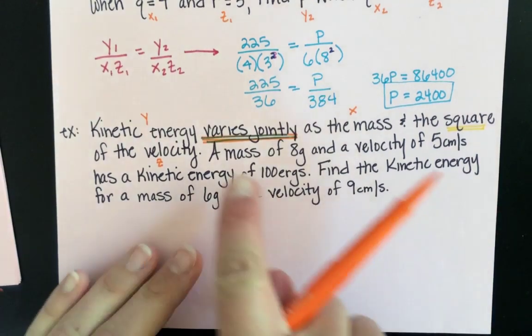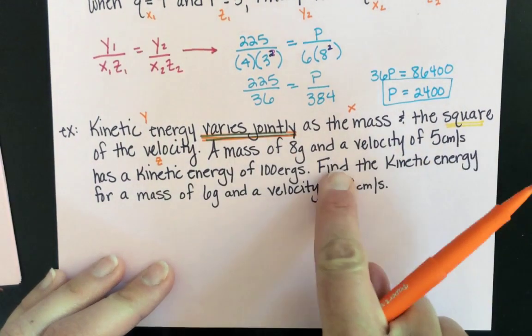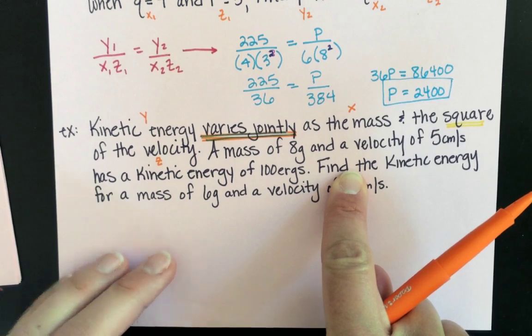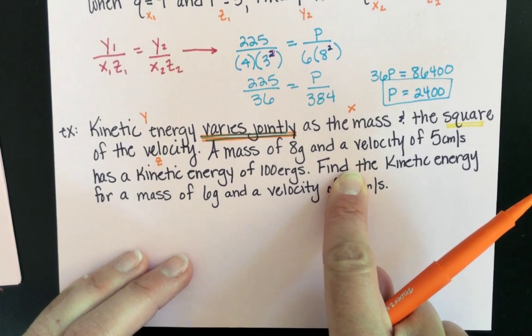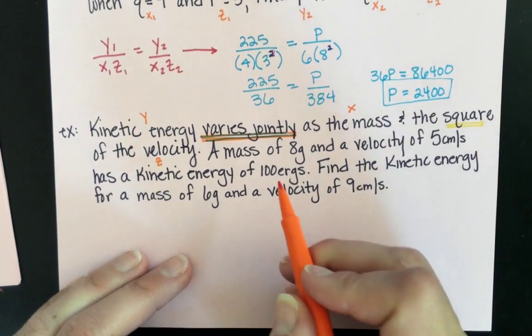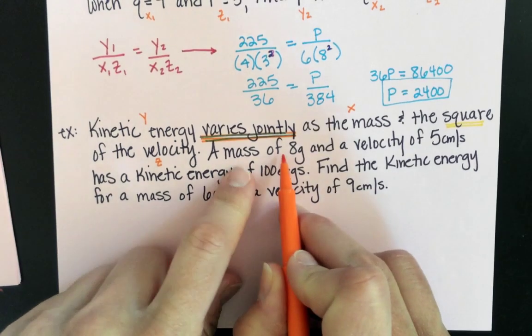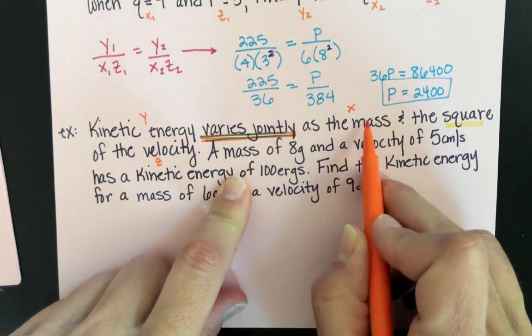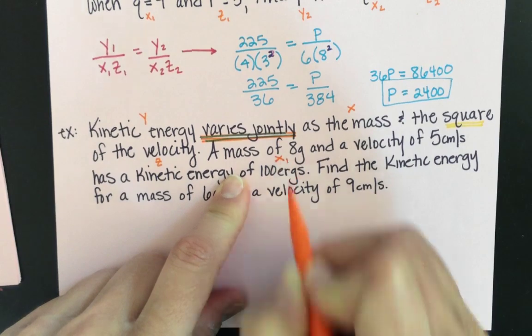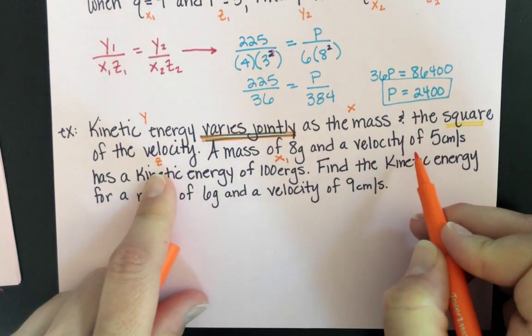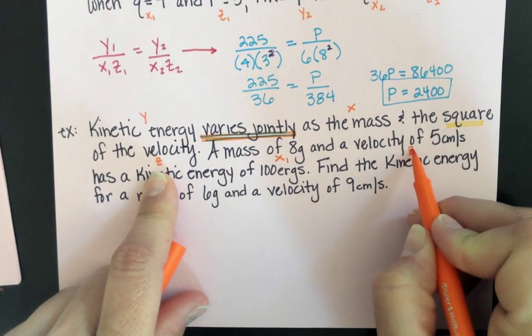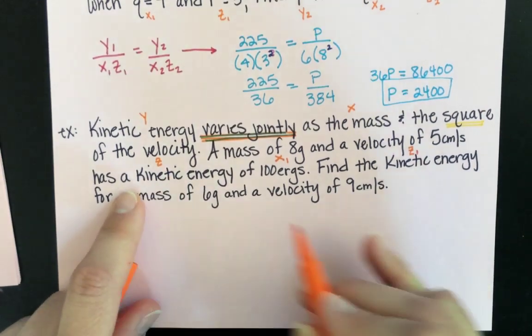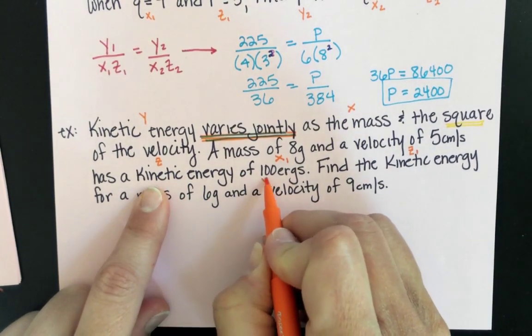So we still have, before our conclusion, the word find is always going to be our help for what's the Y2s, X2s, Z2s. So we have mass of 8, so here is our X1. Velocity, here is our Z1. And the kinetic energy is our Y1.